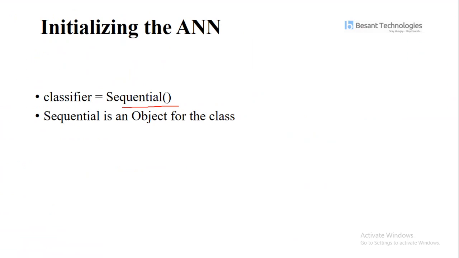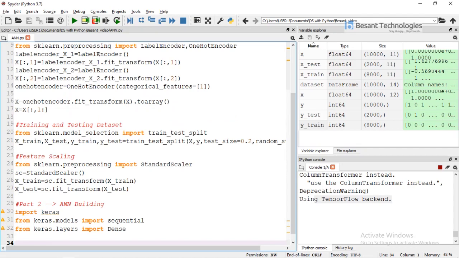So how to initiate? This is our variable name, classifier, and Sequential. The Sequential is an object of the class which is used to initiate our ANN. We already imported Sequential, with a capital S, from Keras models.